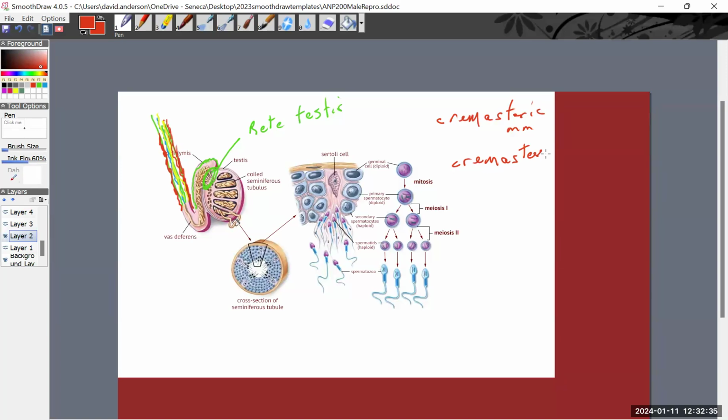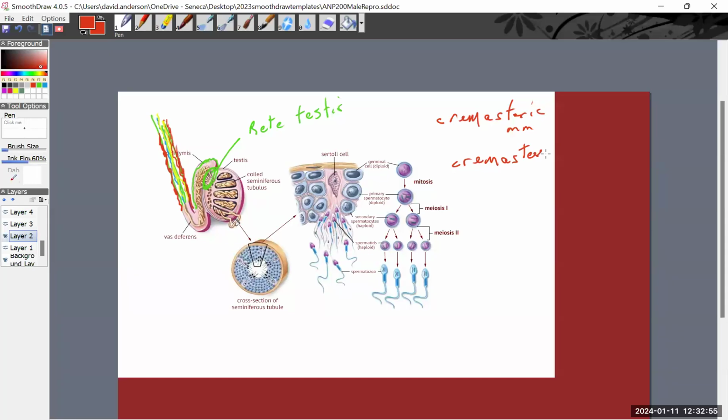So in cold weather, the cremaster muscle and the dartos muscle will both contract to bring the testes closer to the body and reduce surface area in order to keep the temperature regulated at just maybe 2 to 3 degrees Celsius cooler than the internal temperature of the body.